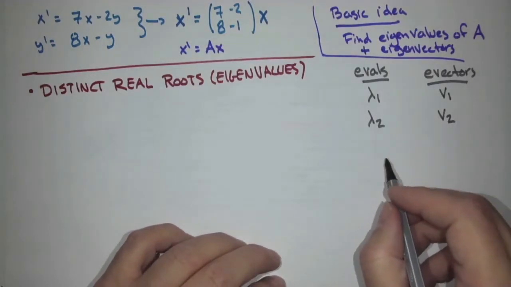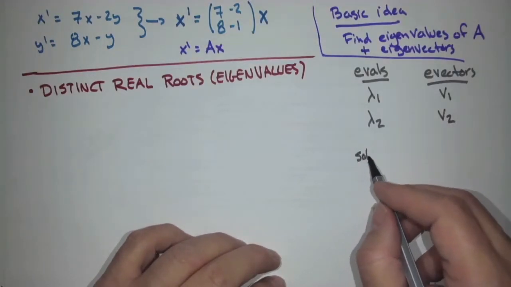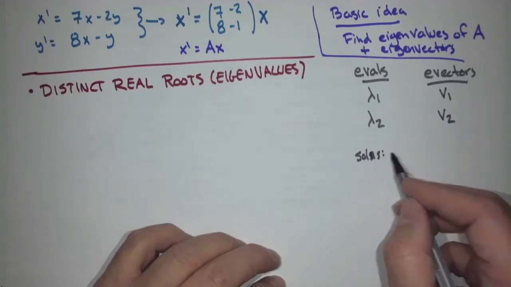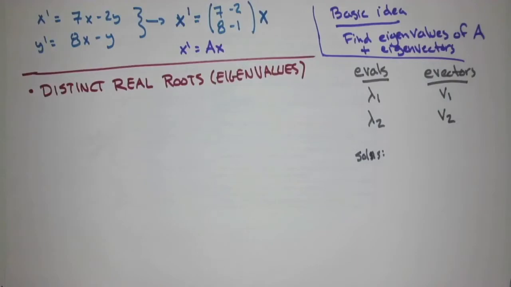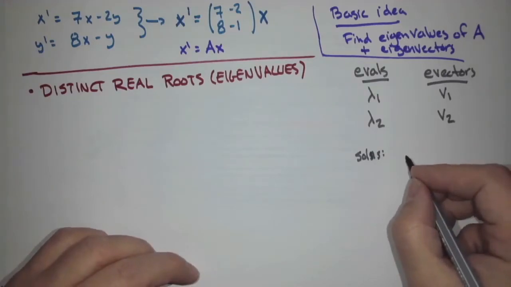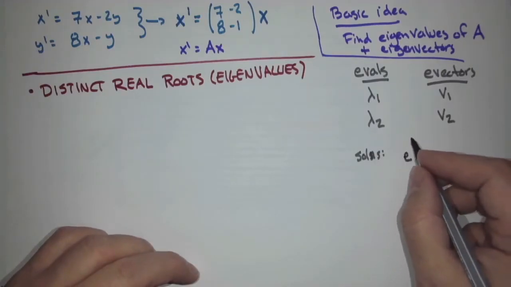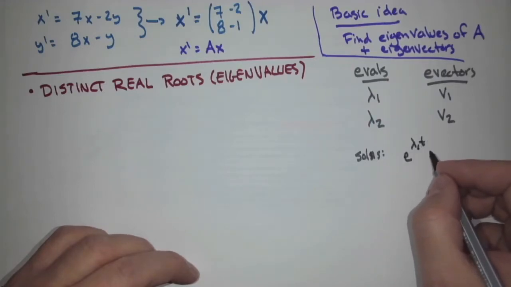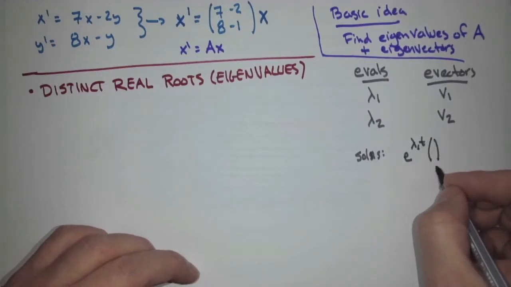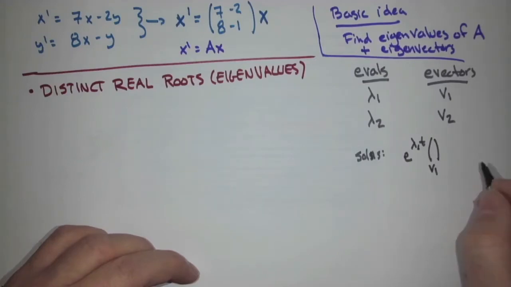And then our solutions have the following form. If you think back to when we talked about the characteristic polynomial for those differential equations before, it's the same philosophy, where we had e to the root times t. So it's e to the eigenvalue t, times the eigenvector v1.